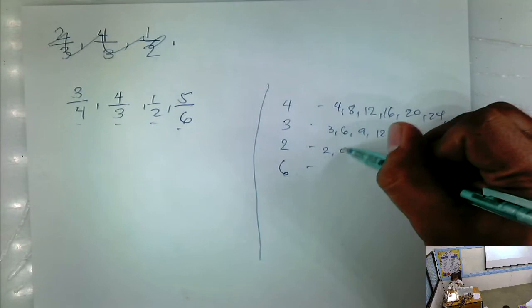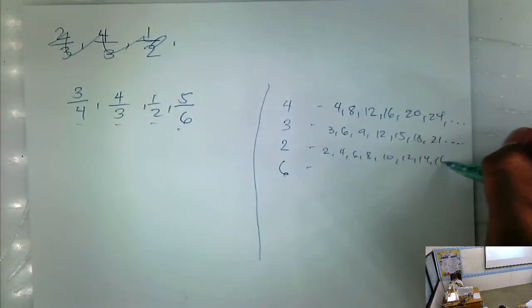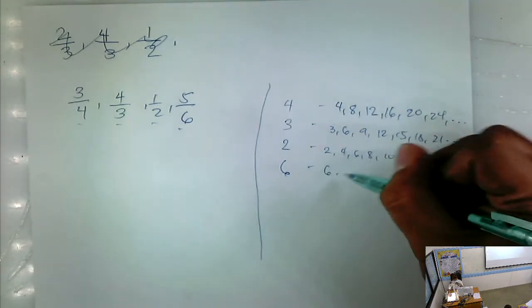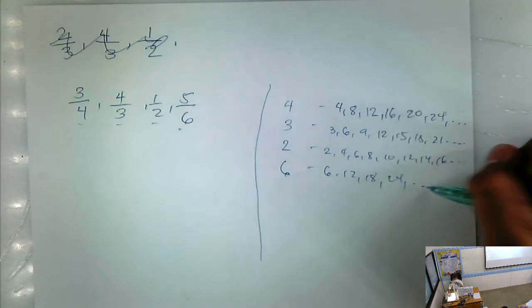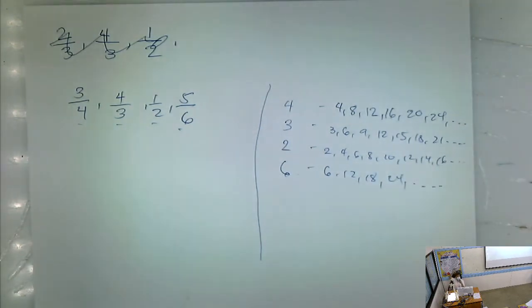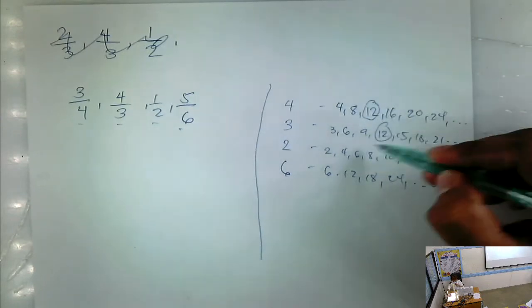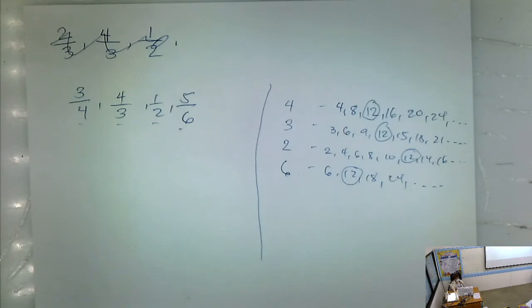We have 2, 4, 6, 8, 10, 12, 14, 16, and so on. And 6, we have 6, 12, 18, 24, and so on. Now, what is the smallest number that they have in common? 12. So meaning, the least common denominator of these given fractions is 12.